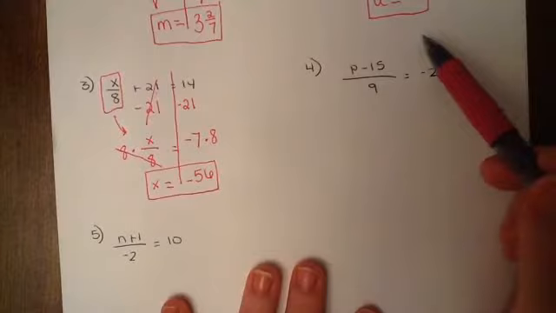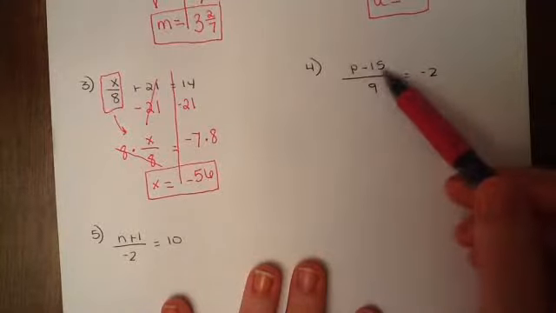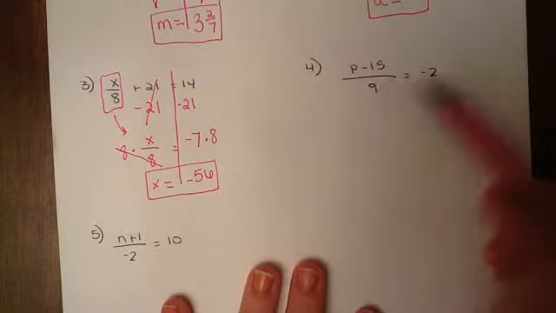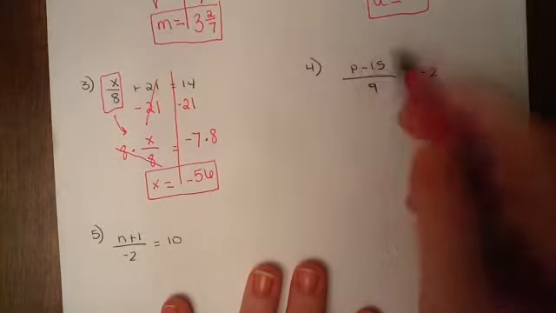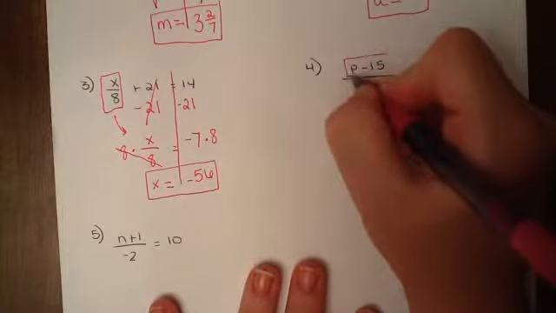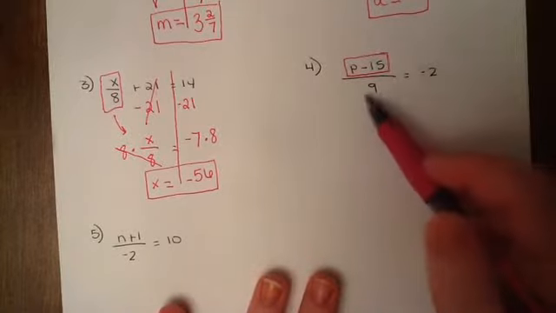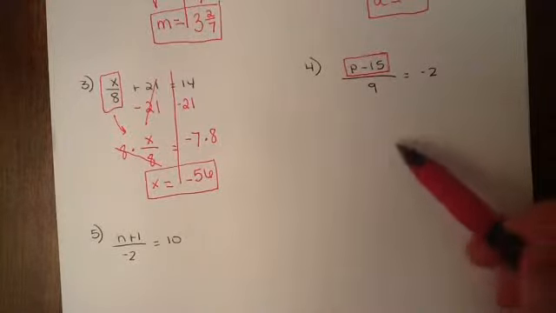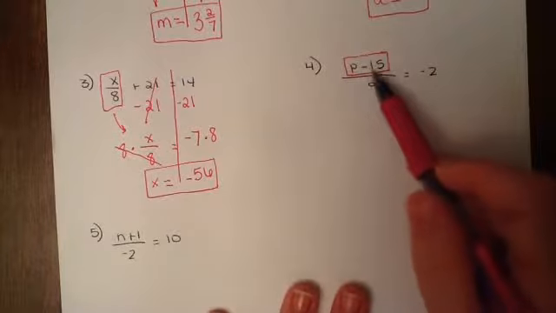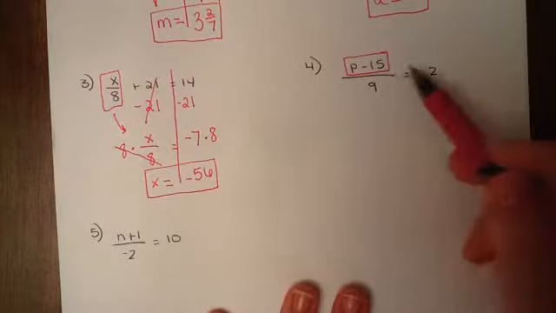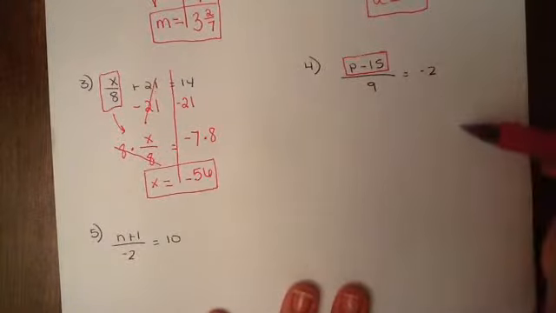These next ones, this is p minus 15 divided by 9. So if I find p, it's p minus 15, so those two go together, and that's a divide by 9. So p minus 15 goes together, meaning we have to get rid of the divide by 9 first.